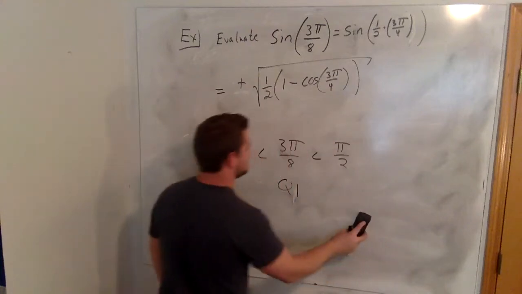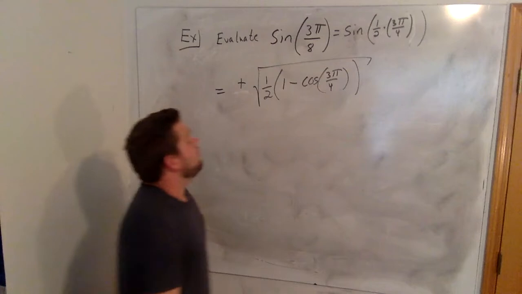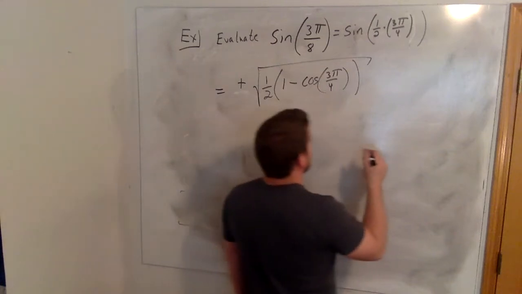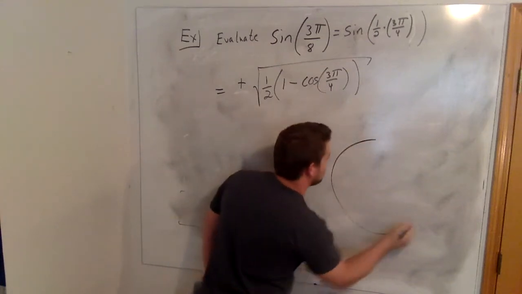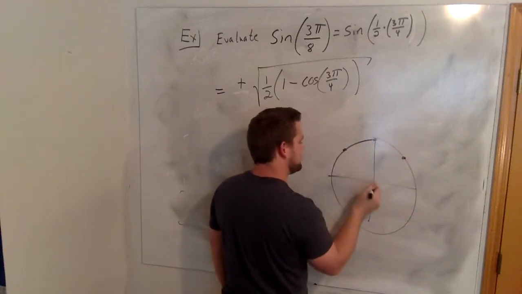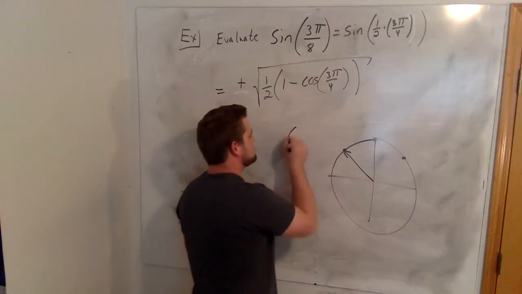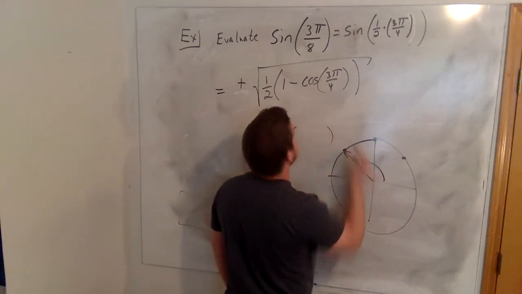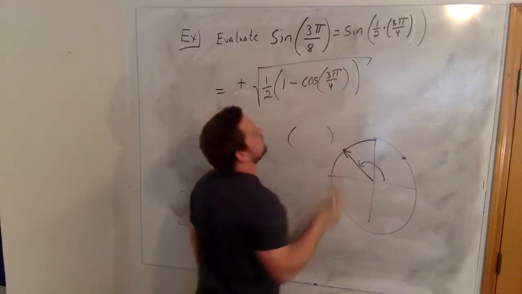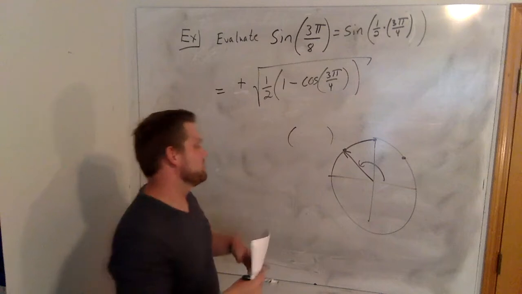Okay, all right. Now cosine of 3 pi over 4. Where are we? Let's move 3 increments of pi over 4: 1, 2, 3. So here we are. The reference angle is again going to be 45 degrees, so in radians the reference angle is pi over 4.